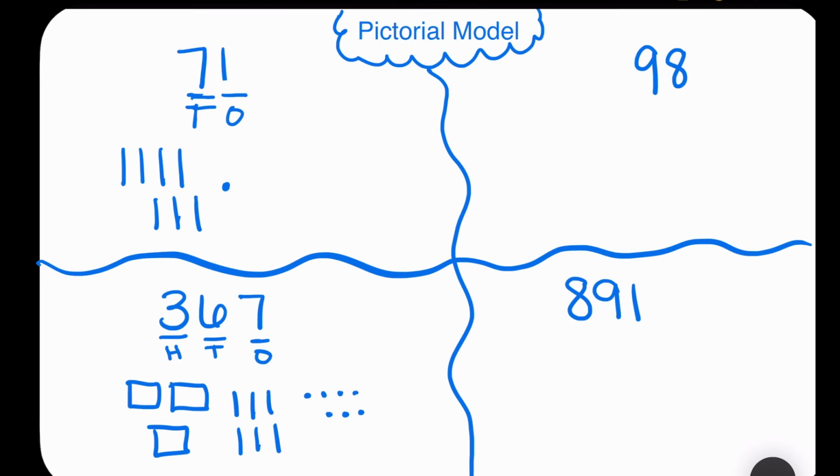I'm going to blur my screen, and I want you to do the pictorial model for 98 and 891 by yourself. And in just a moment, I will unblur my screen to see if you got the right answer. Go ahead with your pencil and paper, try 98 and 891.